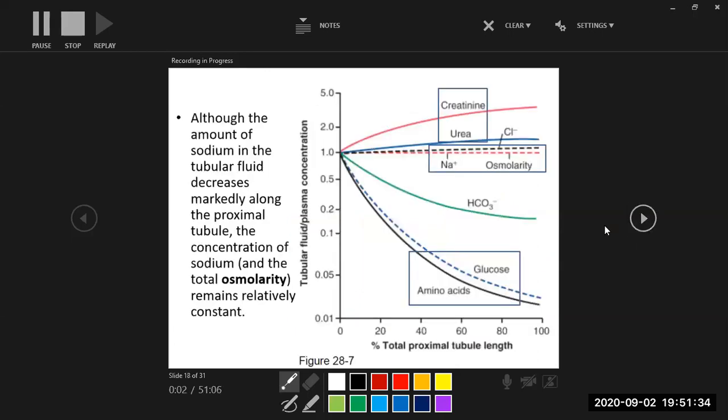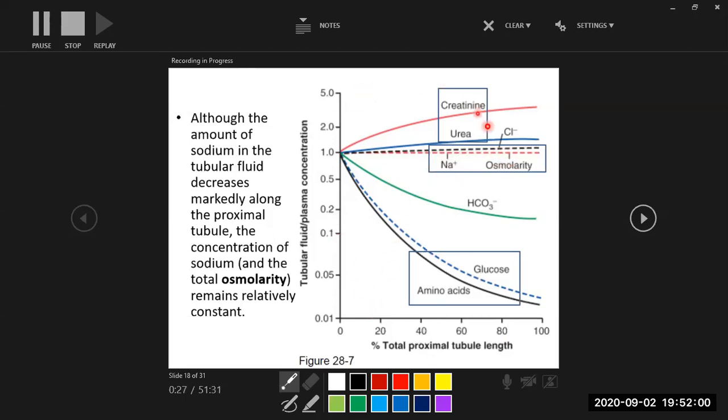And that leads to this one important concept that the osmolarity basically remains unchanged throughout the length of the proximal convoluted tubule, proximal tubule, because we reabsorb the salt. At the same time, we also reabsorb the water.